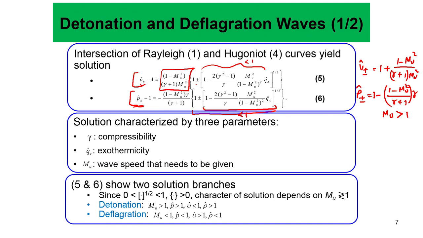Of course you have these other parts too, but when mu is greater than 1, this thing is negative, and you have P cap greater than 1. And similarly for the other situation.